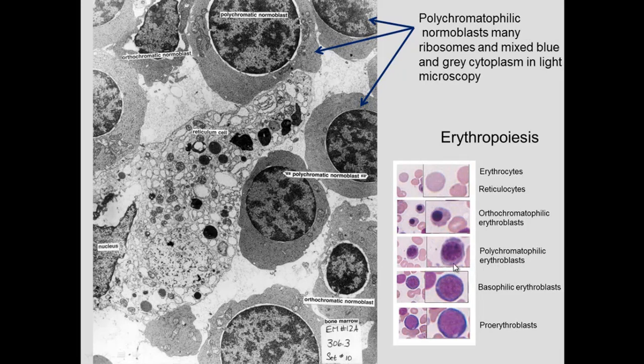Here we can see both blue and kind of gray, and that's due to the hemoglobin and the ribosomes in combination, which makes it polychromatic, or more than one color. Point being, it is the ribosome that makes reticulocytes blue.